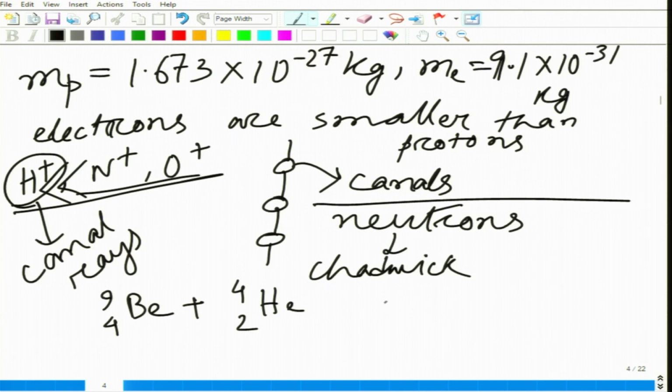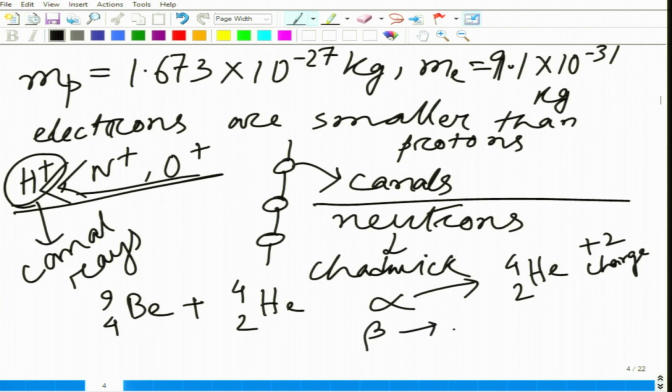So, what was alpha particle? We had discussed about 3 types of particles which were emitted by radioactive compounds. 3 types of rays actually. Alpha particles are helium ions with a +2 charge.